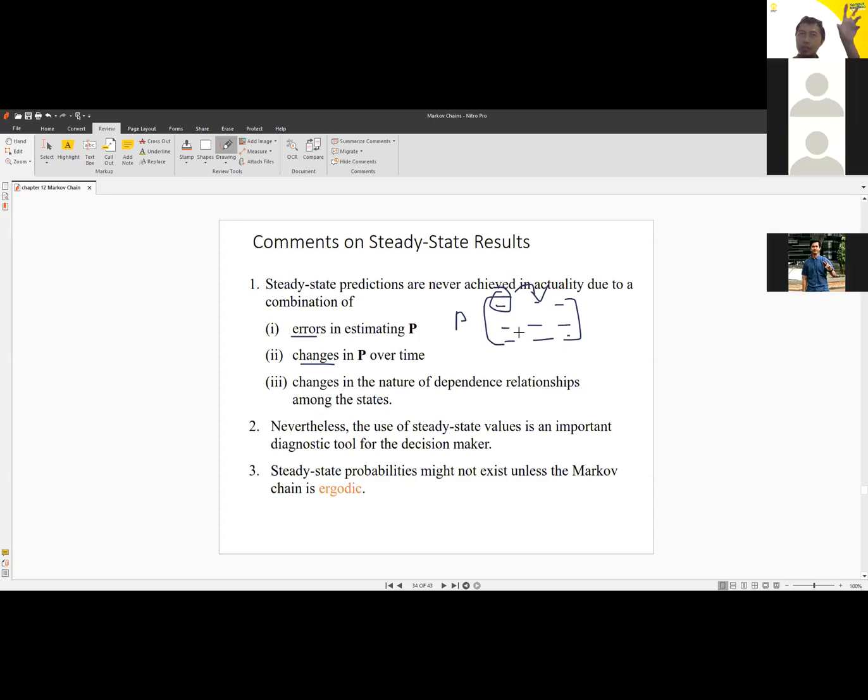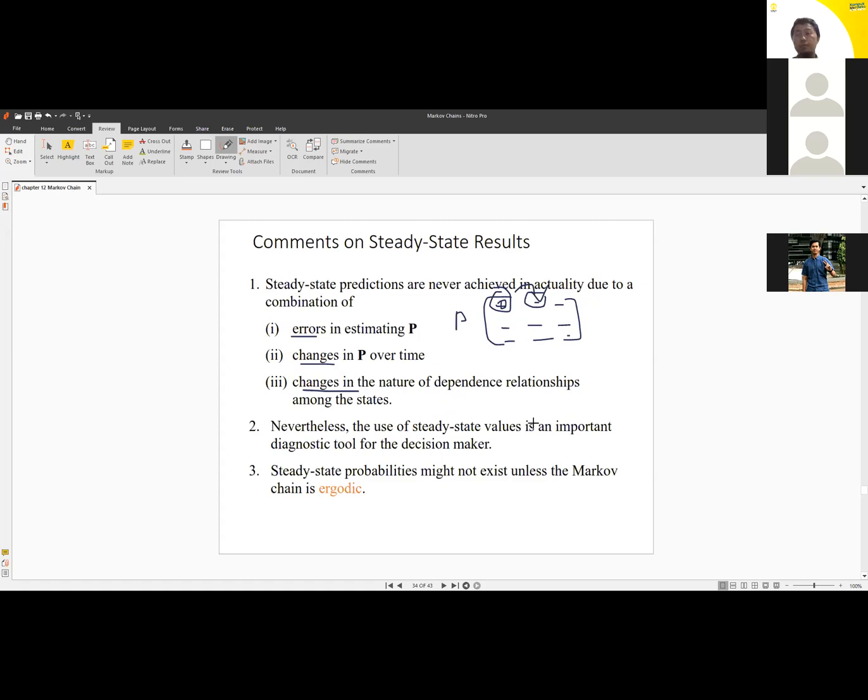Another view is that the probability of each element depends on the probability of another element, not only on the conditions. So we cannot say it is a steady state prediction.